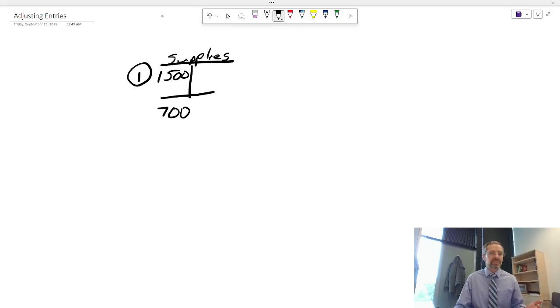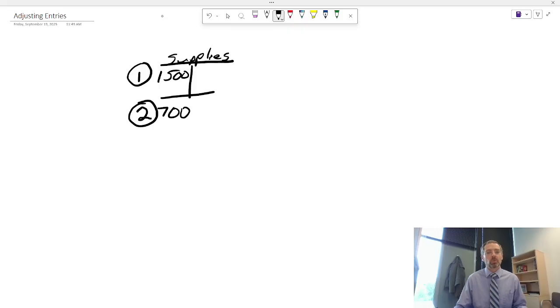Now, we'll probably send an intern over to the closet to count up all of the supplies, and they come back and say, we don't have 1,500, we only have 700. So the next step is saying, well, what should be in the account? What should our accounting records show that we have in supplies? And so the second step is, what should the account be?